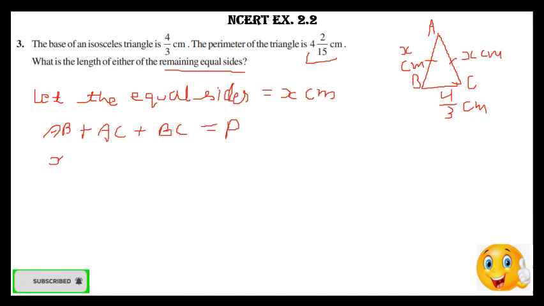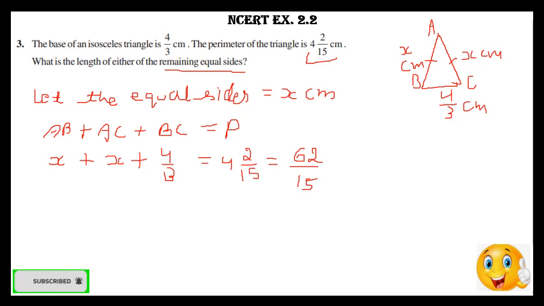We can put the value of each side AB and AC to be x and x, plus x, then BC is 4 by 3 is equal to 4 2 by 15, and in improper fraction we can write it as 15 times 4 is 60 and 2, 62 upon 15 centimeter. So this is what we need to continue.